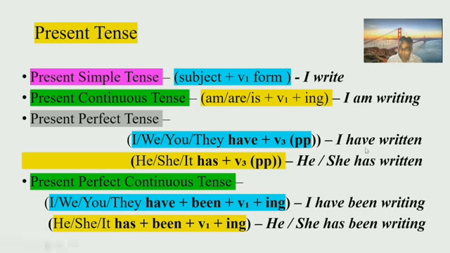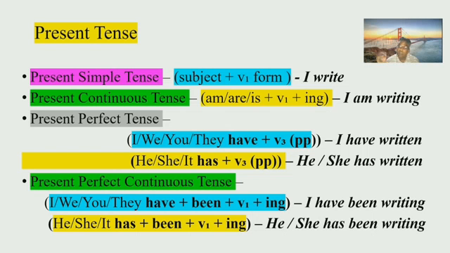So what I wanted to share with you is that the structure is subject followed by the auxiliary verb followed by the V3 form of the verb. It is not the base form, it is the V3 form, that is the past participle form. This past participle form we will be using in the perfect tenses, whether it is present perfect or past perfect.